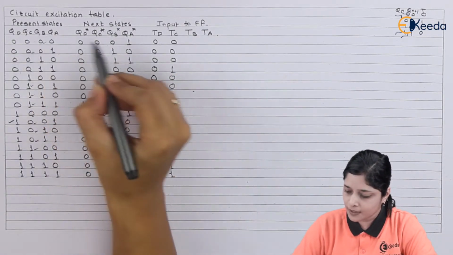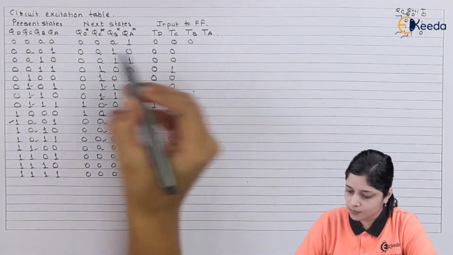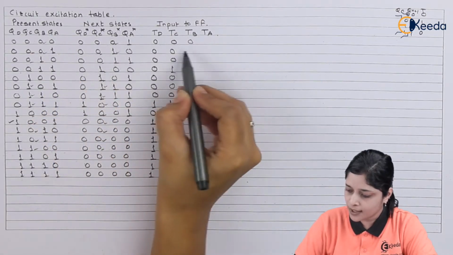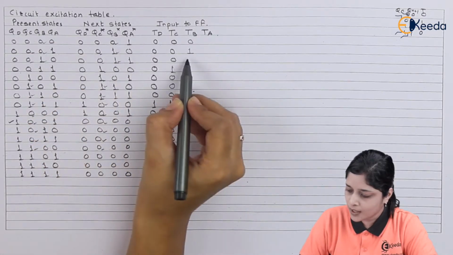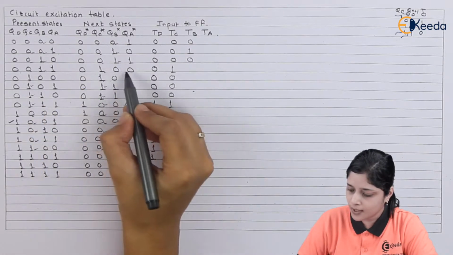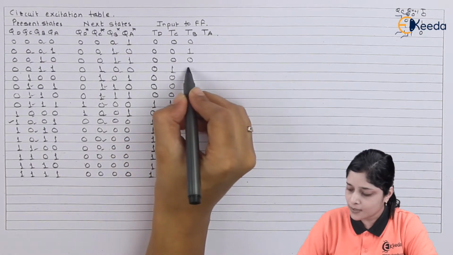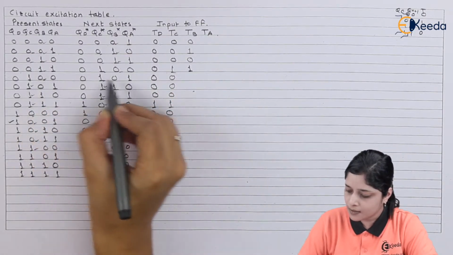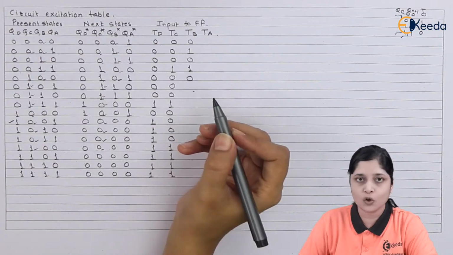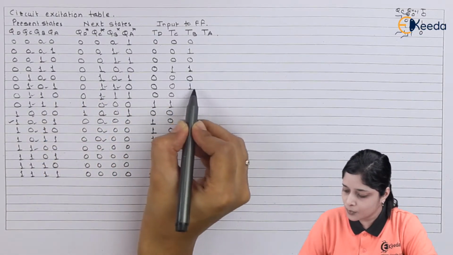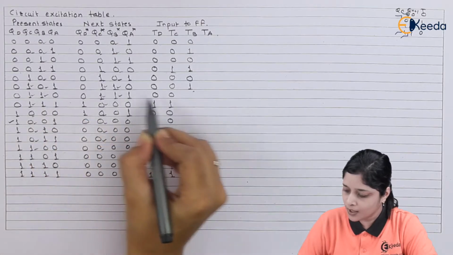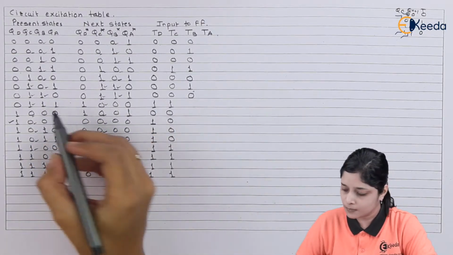You have to compare 0 0, 0 1 is 1, 1 1 is 0, 1 0 is 1, 0 0 is 0, 0 1 is 1, 1 1 is 0.